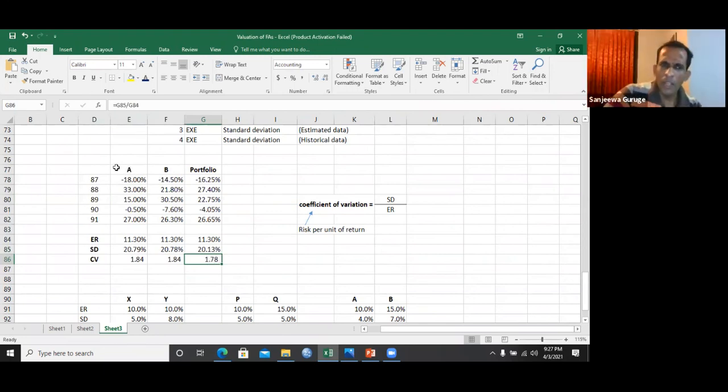If you create a portfolio, we can see there is a certain level of risk reduction. But when you observe the return pattern of these two assets, are they really good assets for a portfolio? It's better to select different assets.